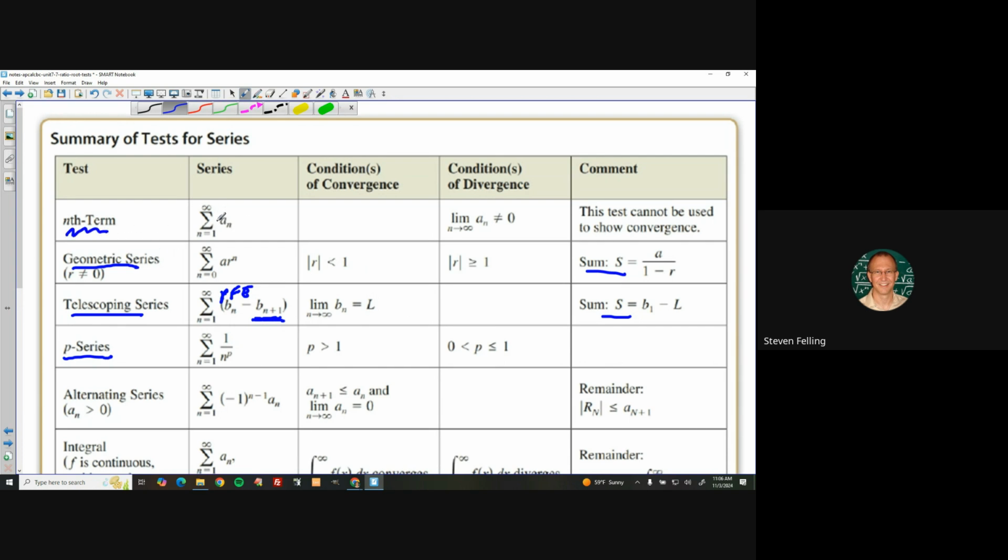You actually can use that with absolute value as well, because of the theorem that says the absolute value converging means the series with the negatives will converge. But this can only be used to show divergence if this is anything other than 0. If it is 0, it doesn't show it converges. It means that you have to use a different test.